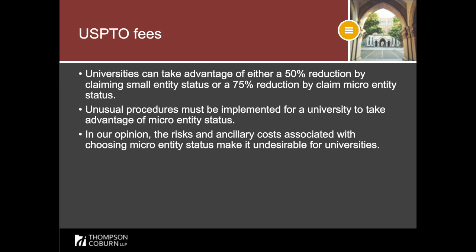However, you have to use unusual procedures to take advantage of micro entity status, and I think the costs involved with that and the risks make it less desirable than just selecting small entity. Overall, the price difference isn't a huge factor, and the risks are potentially significant. So I don't recommend university clients do that, but it is available.